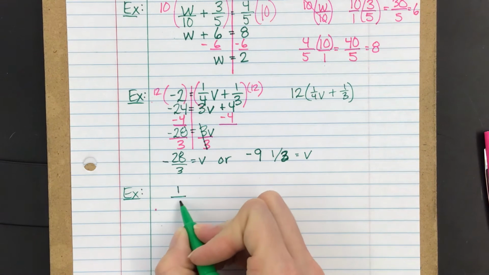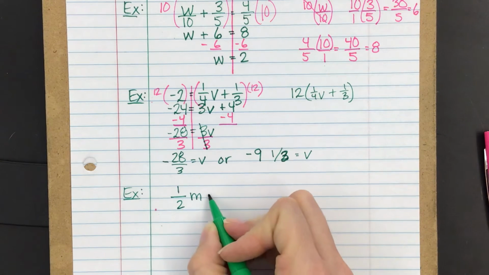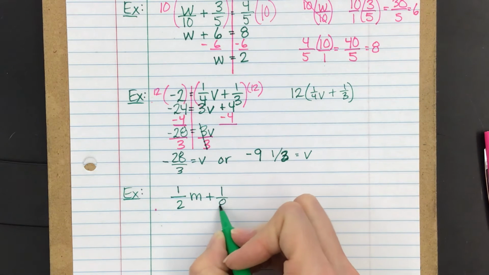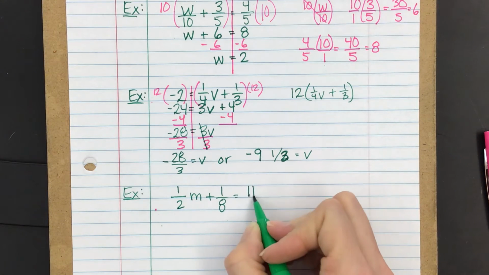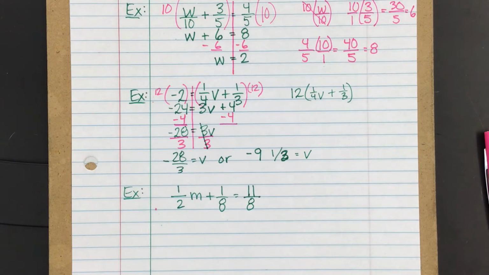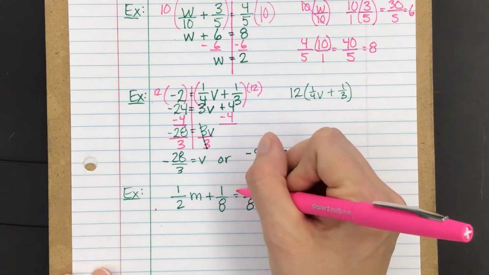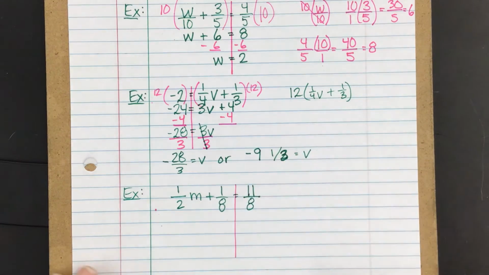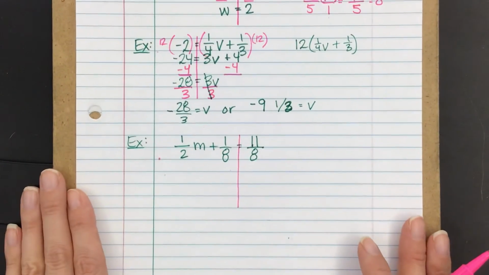This is 1/2 m plus 1/8 is equal to 11/8. Okay, what is our common denominator? 8. 8 it is.